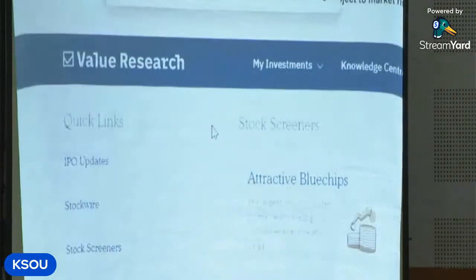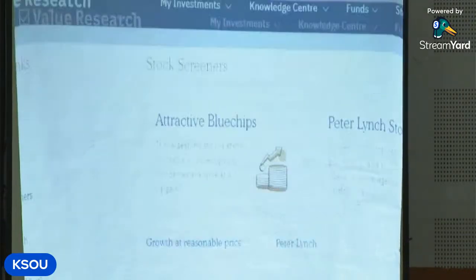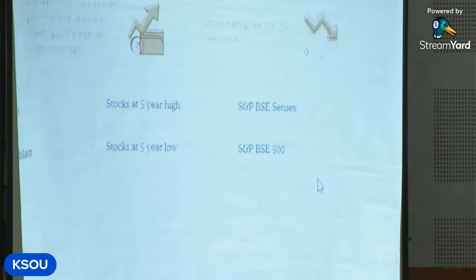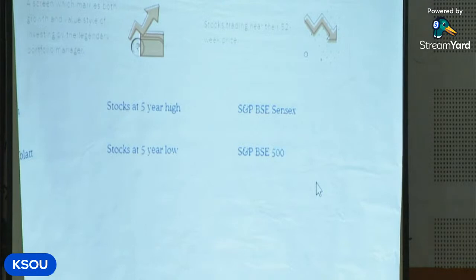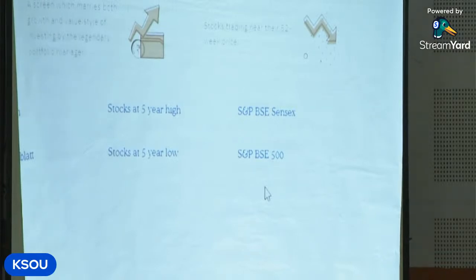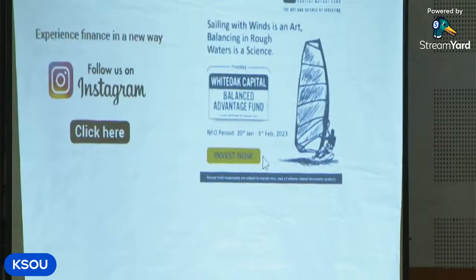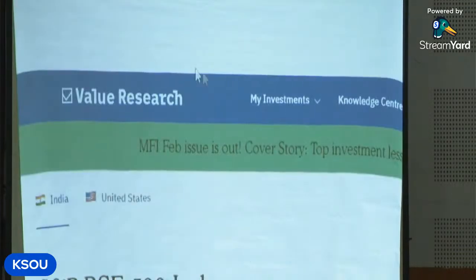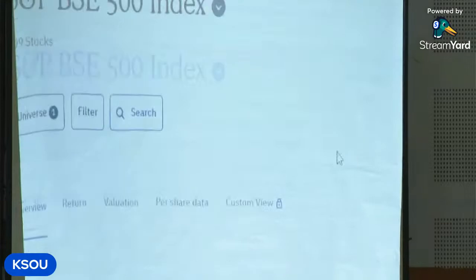There are many details available here. But just to show you, friends, BSE Sensex, have you heard of it? You know how many stocks are there in the Sensex? 30. Now, we have heard of BSE 500, another index, which is calculated using 500 stocks. I'm just selecting BSE 500. So out of BSE 500, which stocks are good? I want to know.